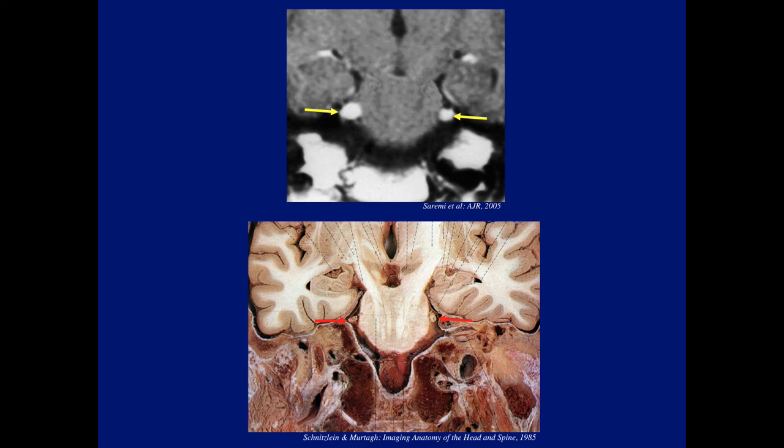Now, this is a condition that nobody will ever come up with the correct diagnosis, so I won't belabor this, but this was a case of neuroschistosomiasis and showing marked enlargement and enhancement of both trigeminal nerves.